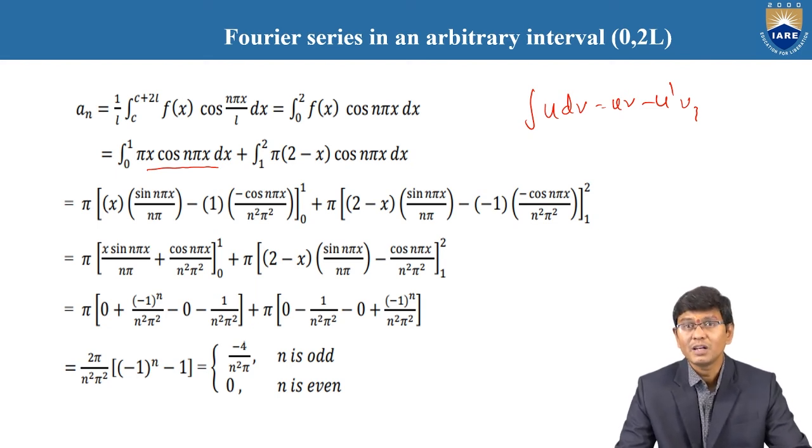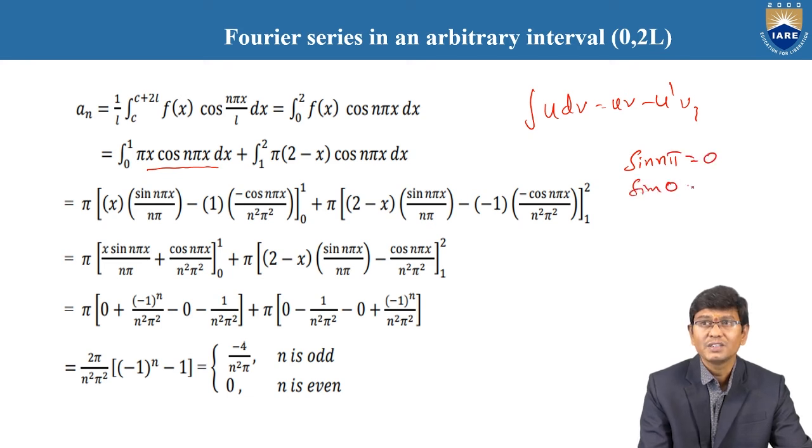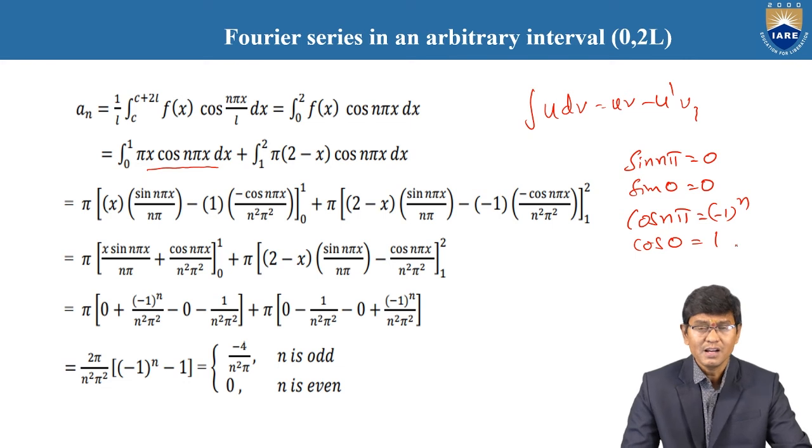And for the lower limit, sin 0 is 0 and cos 0 is equal to 1. That is according to the standard formulas: sin n pi is equal to 0, similarly sin 0 is also 0, cos n pi is minus 1 whole power n, and cos 0 is equal to 1 only.